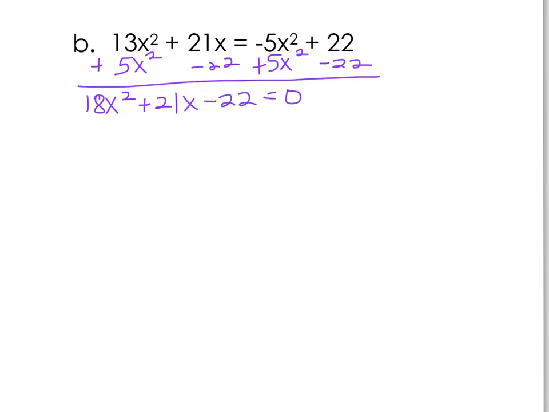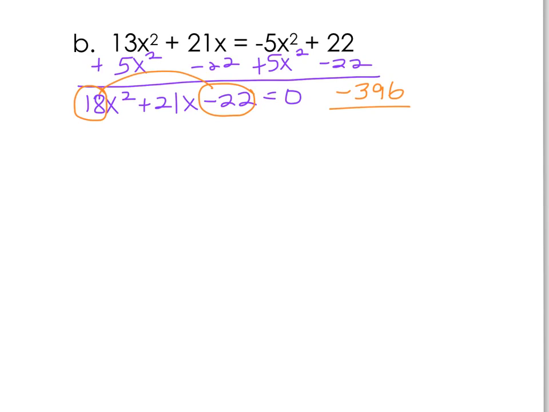Oh boy, look at those big numbers. And the bummer is there isn't even a common factor. All right, let's just go for it. If we take 18 times negative 22, that's very calculator friendly, we would get negative 396. What? There are so many factors of negative 396.